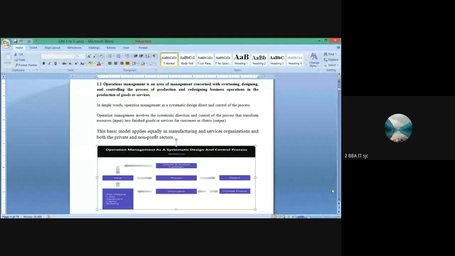First, to manufacture the products, what does an organization require? Already yesterday I told you that we have two types of organizations. One is manufacturing organizations, and another one is service organizations.